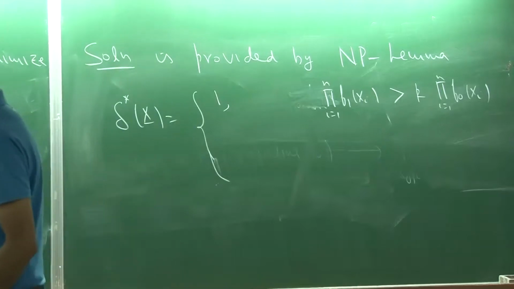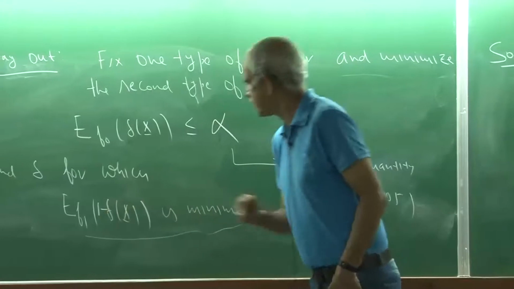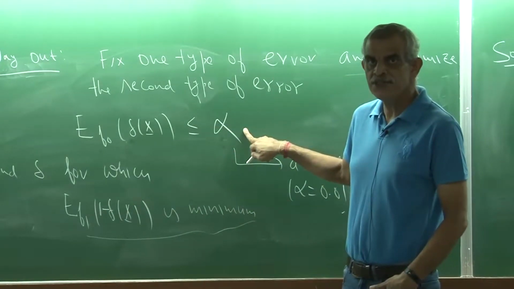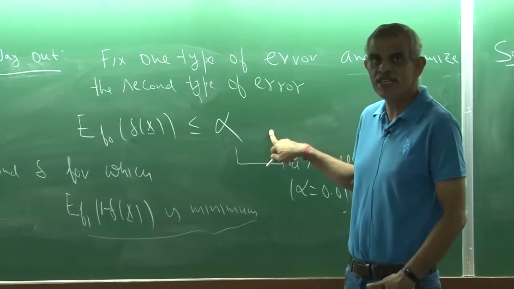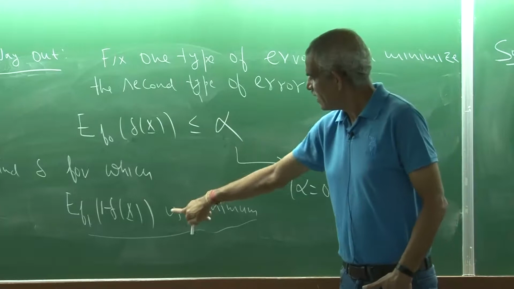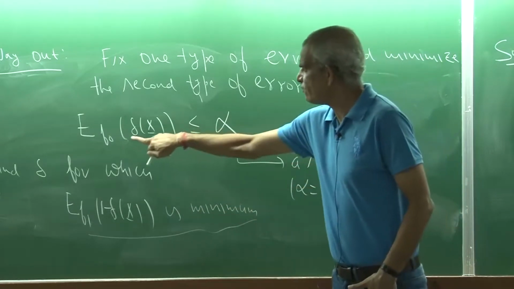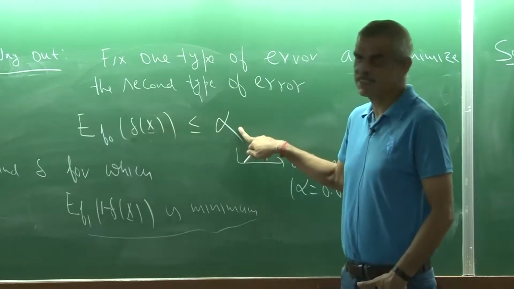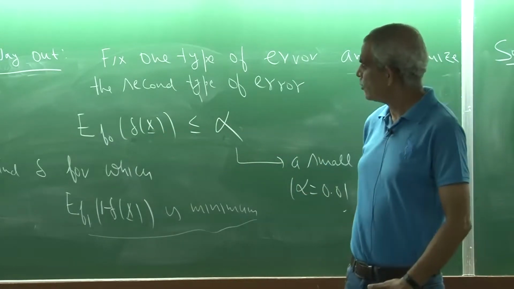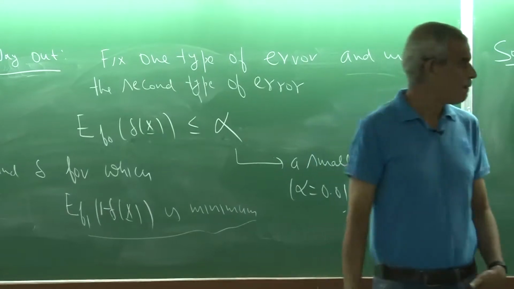You see, if one has to get this as a minimum, or E_F1 delta(x) to be maximum, one should try to exploit the maximum leverage which is available to you. So the maximum would occur among all such tests for a test for which E_F0 delta(x) is alpha, because that is the test utilizing the maximum leverage available to it.